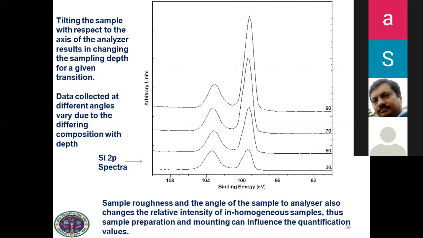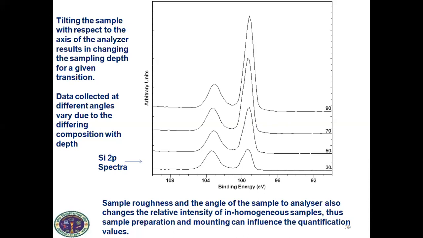Now, all the spectra you can see in this figure are recorded for the silicon 2p core level. The figure shows a sequence of silicon 2p spectra measured from the same silicon sample at different angles.